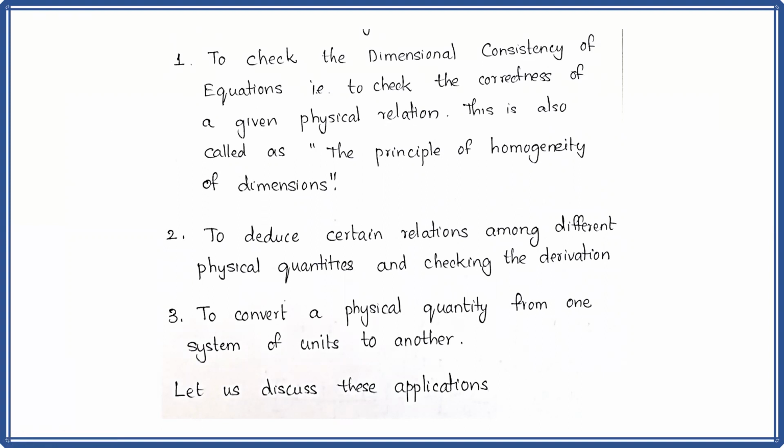Correctness of a physical relation means we have to see whether the left hand side is equal to the right hand side of the equation. This is also called the principle of homogeneity of dimensions. We will see every topic one by one in today's video.